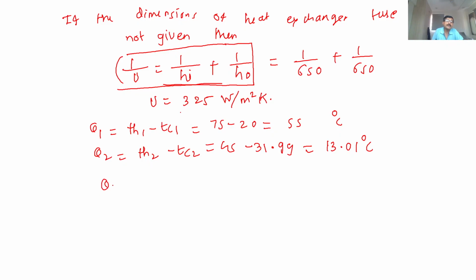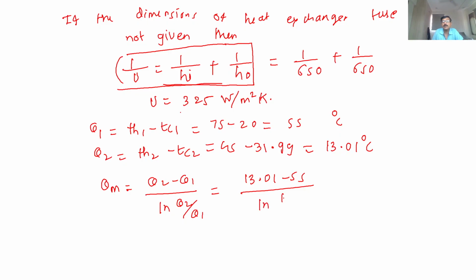So what is LMTD? Theta m is theta 2 minus theta 1 divided by natural log of theta 2 by theta 1. So if I put the values, 13.01 minus 55 divided by natural log of 13.01 divided by 55. If you solve this equation, the answer for theta m, that is the LMTD, comes around 29.12 degrees Celsius. Okay. Now you know everything.